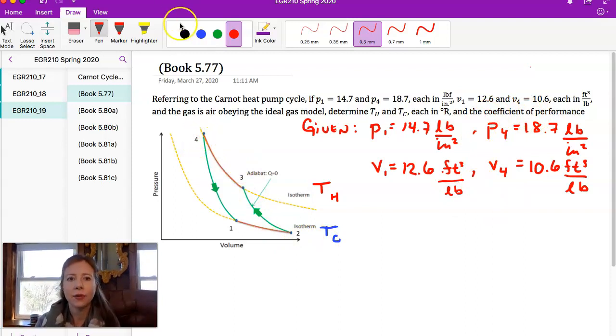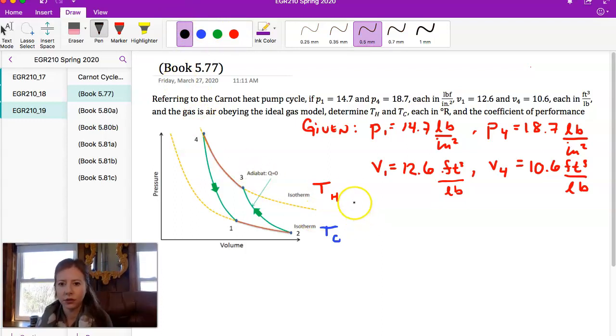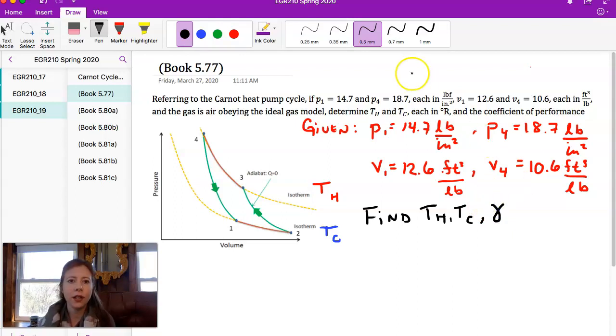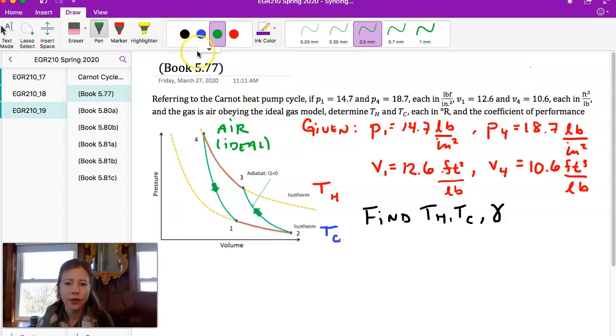So we are tasked with finding TH, TC, and the coefficient of performance for a heat pump cycle, which is going to be gamma. And then just also with the given, let's write down that we're dealing with air, and it can be modeled as an ideal gas.